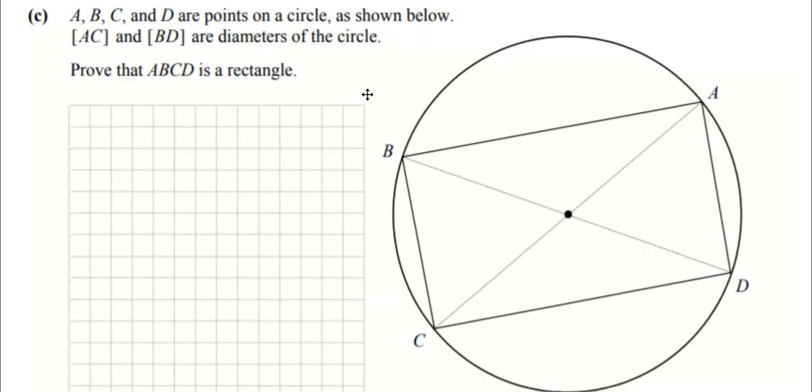Okay. Now, 4b part 3. A, B, C, and D are points on a circle as shown below. AC and BD are diameters of the circle. Prove that ABCD is a rectangle. Alright, this should be easy enough.